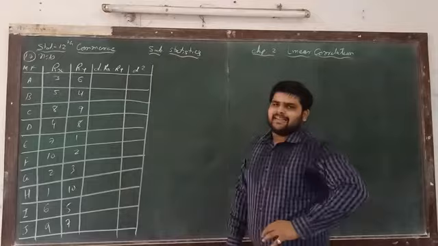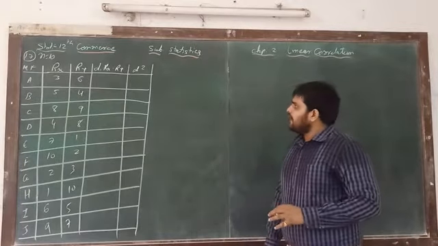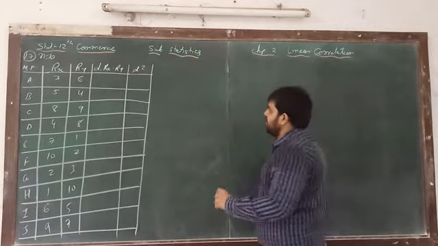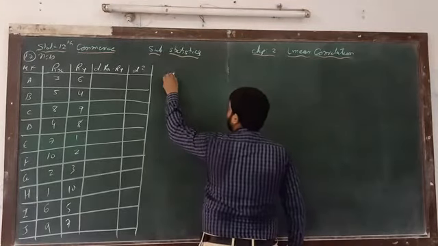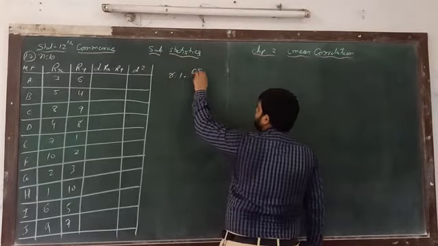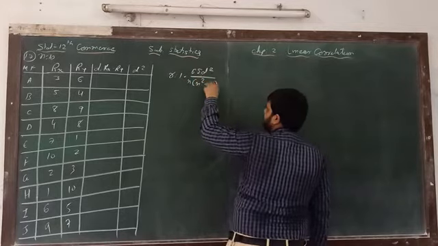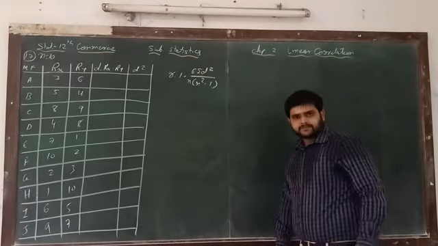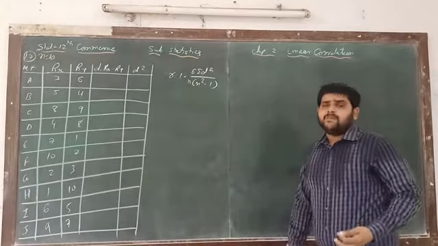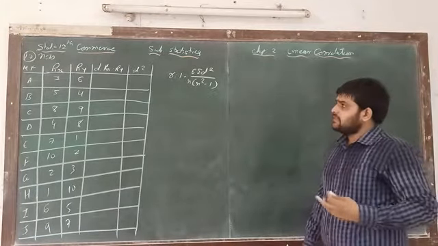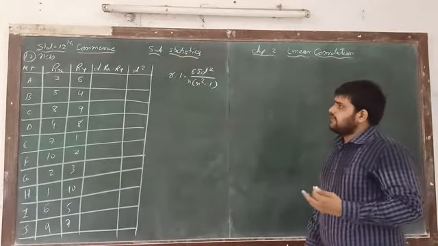So this is the data which we have to use to find out R. First, what is the formula of R? R is equal to 1 minus 6 sigma d square upon n into n square minus 1. This is the formula. Now on the basis of the formula, we have to find out two things: number one, d, and second, d square.